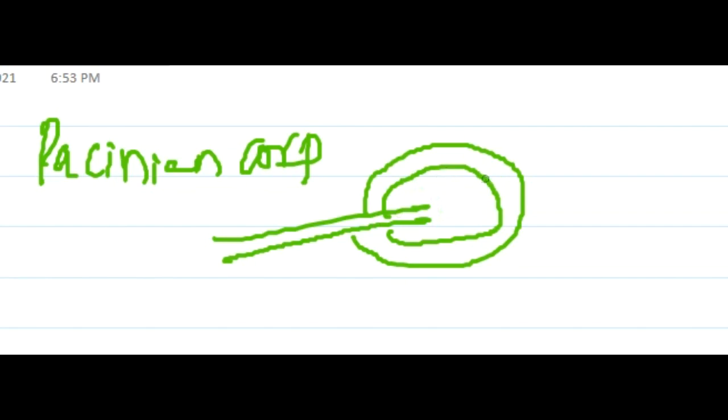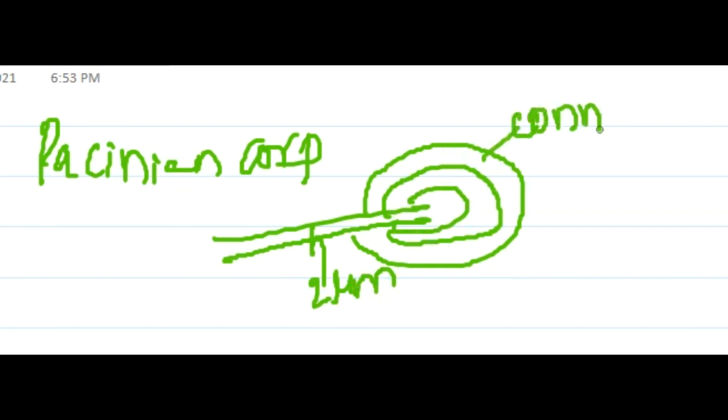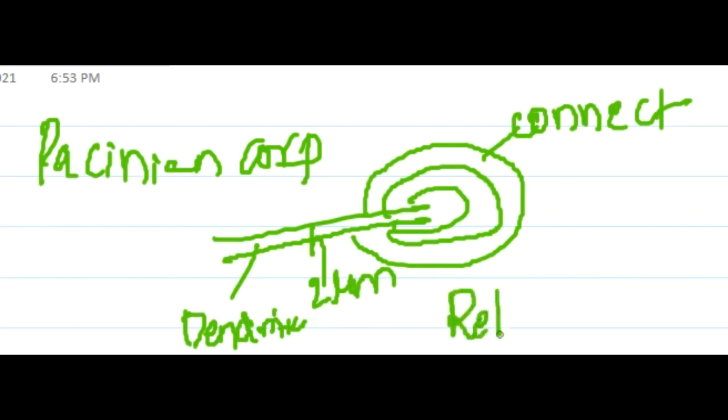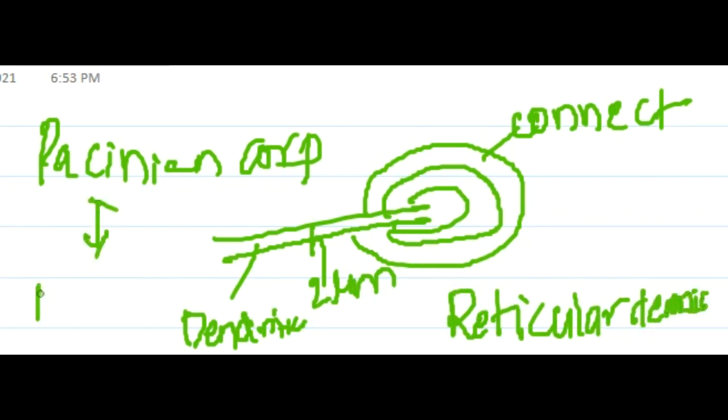This is a dendritic ending of a sensory nerve fiber which is 2 micrometers in diameter, and this is surrounded by concentric lamellae of connective tissue. This is connective tissue and this is the dendritic ending. So this is the Pacinian corpuscle. These Pacinian corpuscles are located in the reticular dermis. They are also responsible for pressure and vibration.